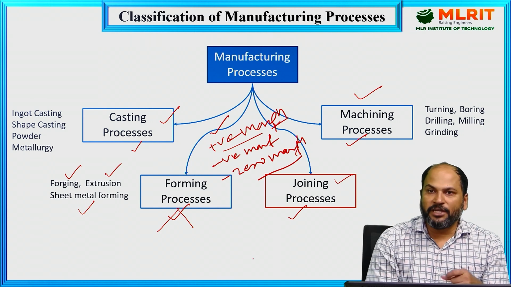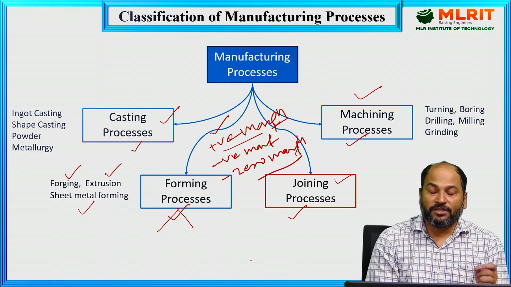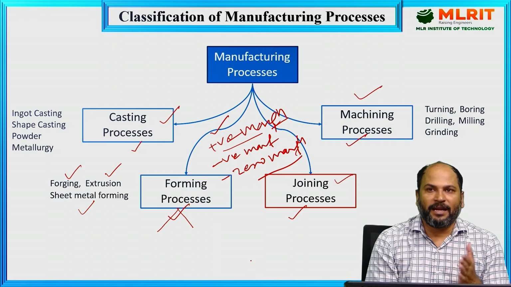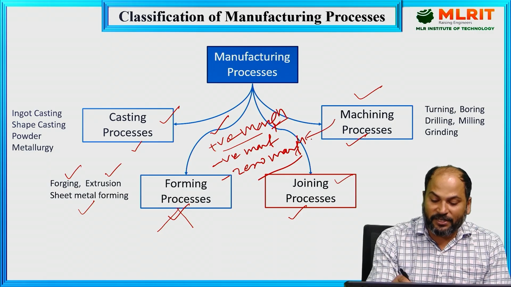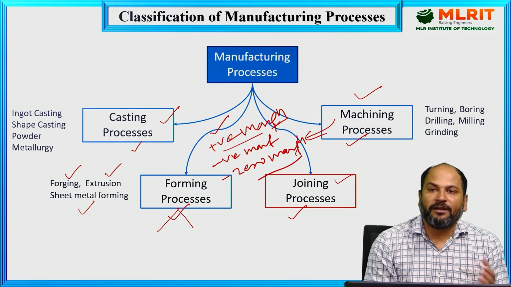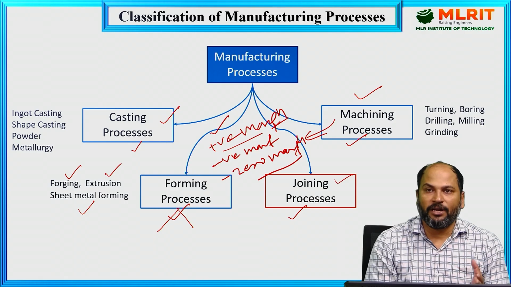So if during the process we are adding some material, this is known as a positive manufacturing process. That totally depends on whether we are adding material. But the second example is the machining process. In machining, we know we are removing material. That is the definition of machining, actually: removal of excess material.